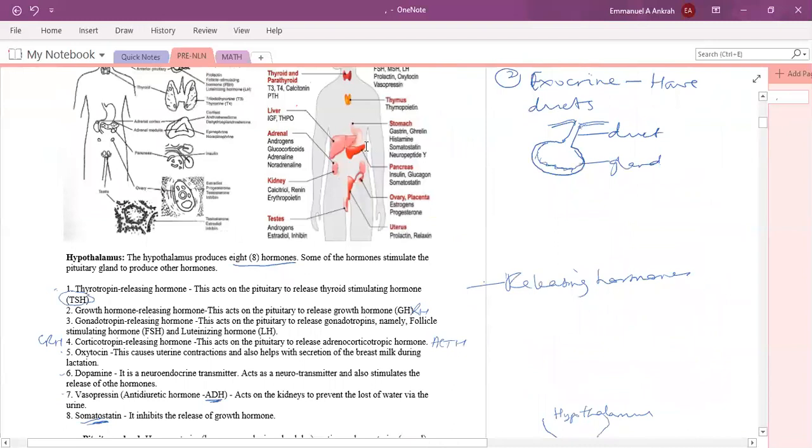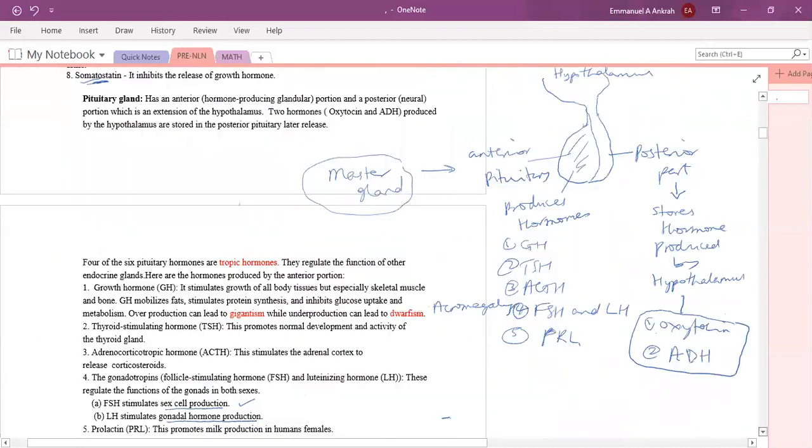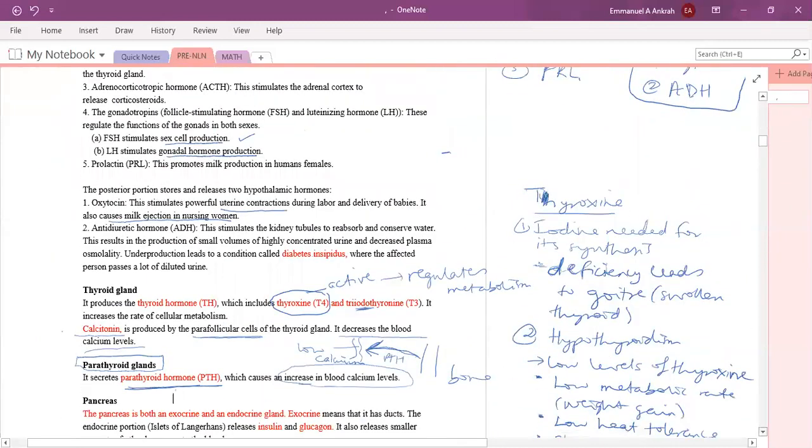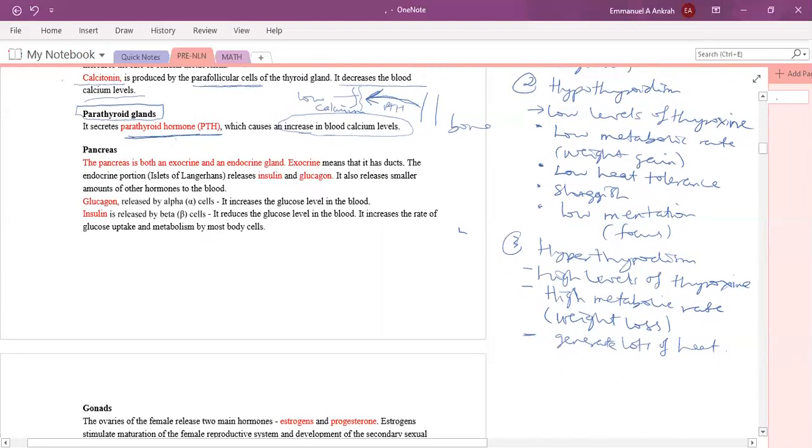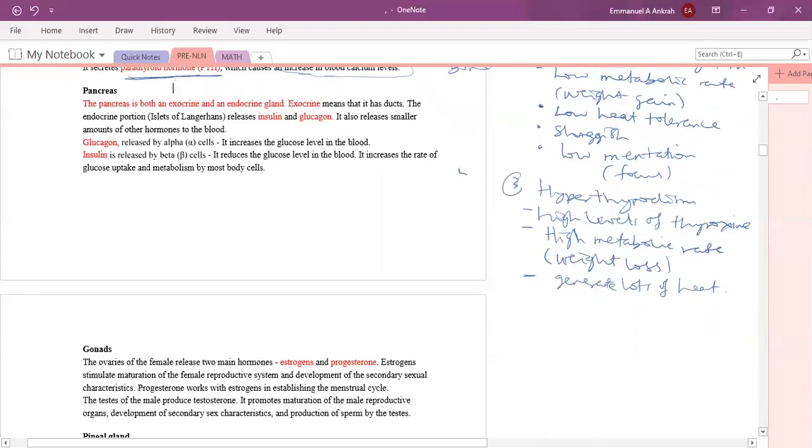The pancreas is one of the glands that you have to know very well. It has a dual role. The pancreas has both an exocrine and endocrine function. They like that question too.